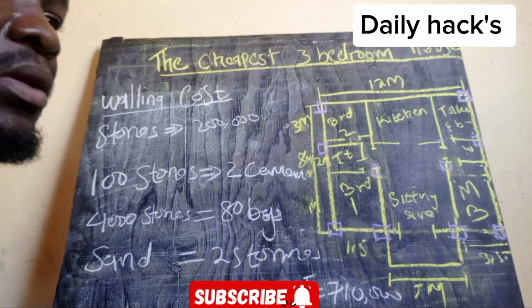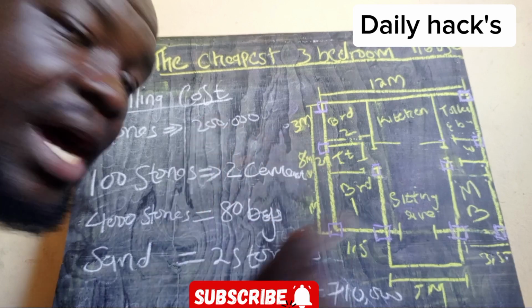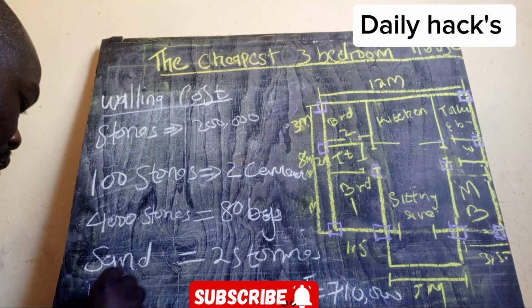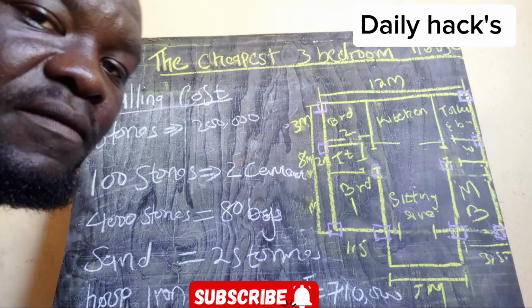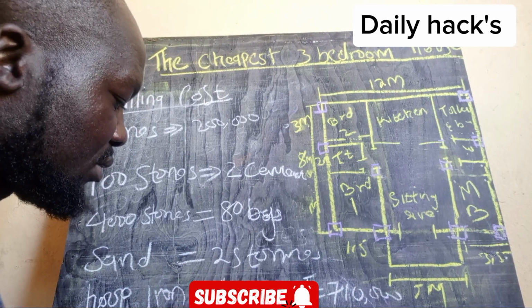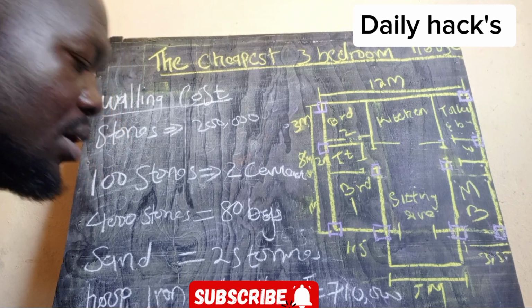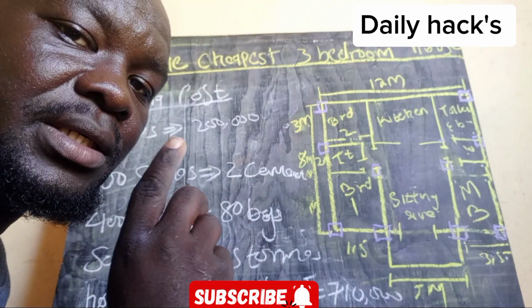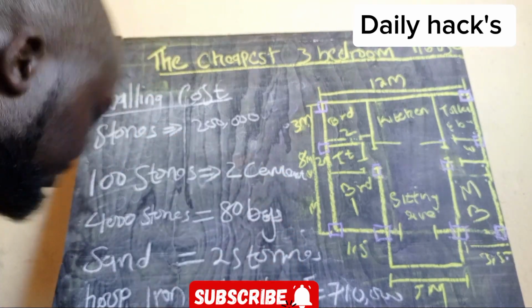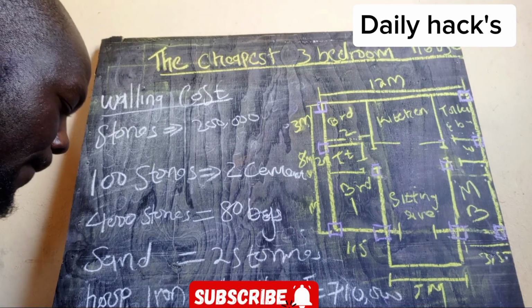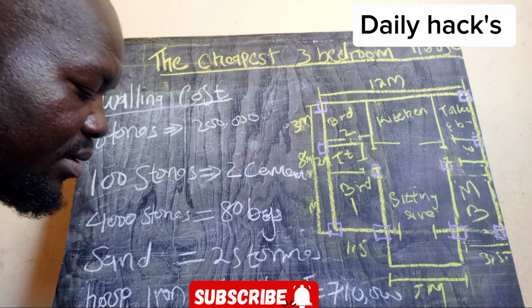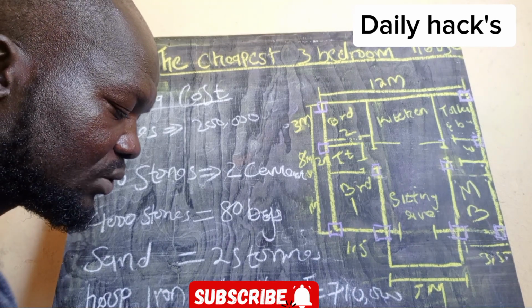Then hoop iron, 4 rolls. Then DPC, Damcos, 4 rolls.